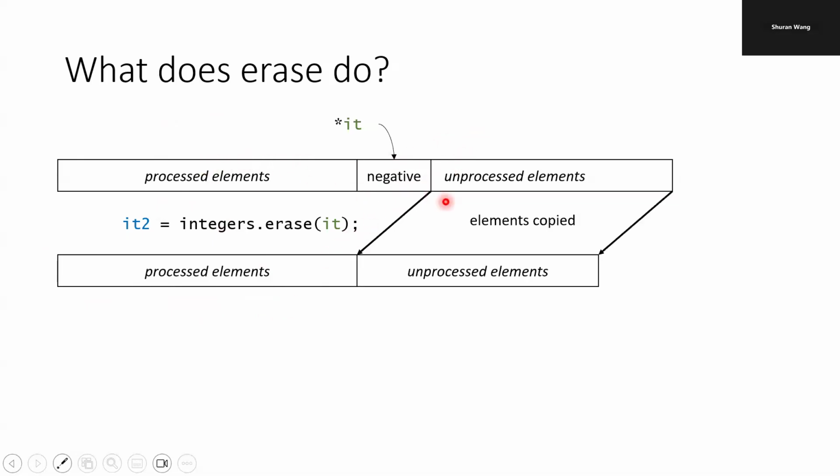And we copy over all the unprocessed elements after here, a one-on-one copy. And we'll return the iterator to the first element here in the unprocessed elements.